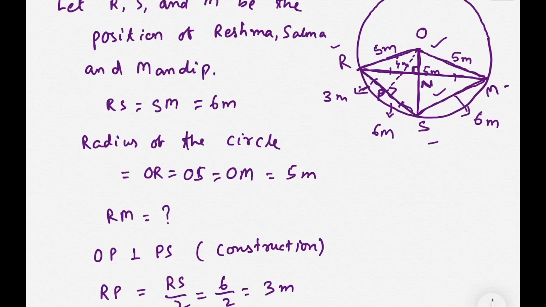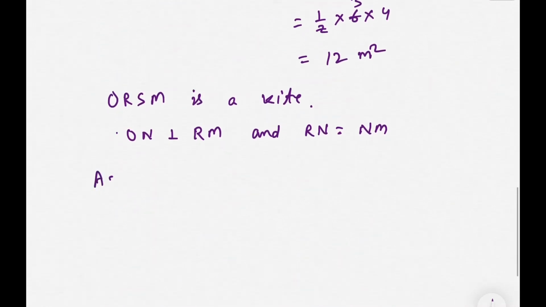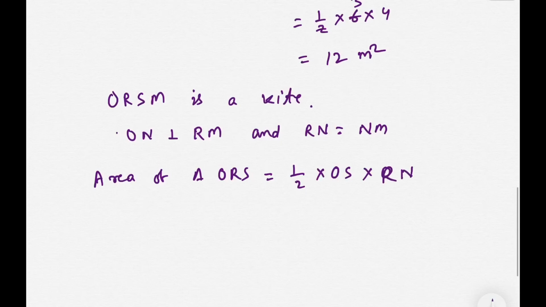We have already found it, and by using another method, that means by taking OS as base and RN as perpendicular or height, again we shall find the area. So area of triangle ORS is equal to half into OS into RN, and we know area equal to 12 meter square.